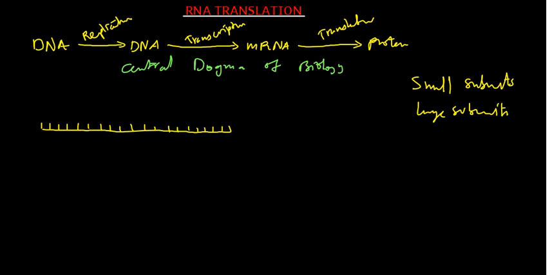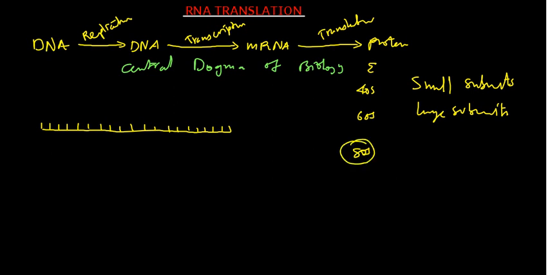When it comes to eukaryotic cells, the small ribosomal subunits are called the 40S, the large ribosomal subunits are called the 60S, making a total of 80S. So this is combined.